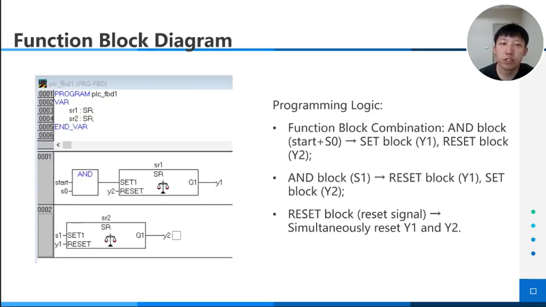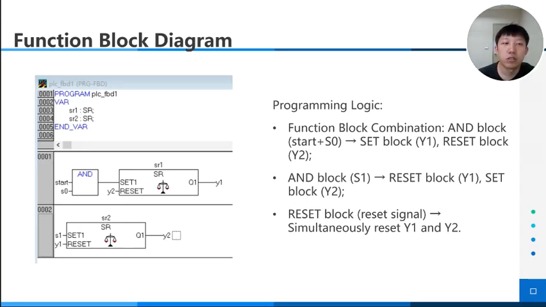Next, the function block diagram (FBD). FBD builds logic in a modular way. I use AND blocks to combine trigger conditions: start and S0 as the result go through an AND block. Then connect to set Y1 and reset Y2.